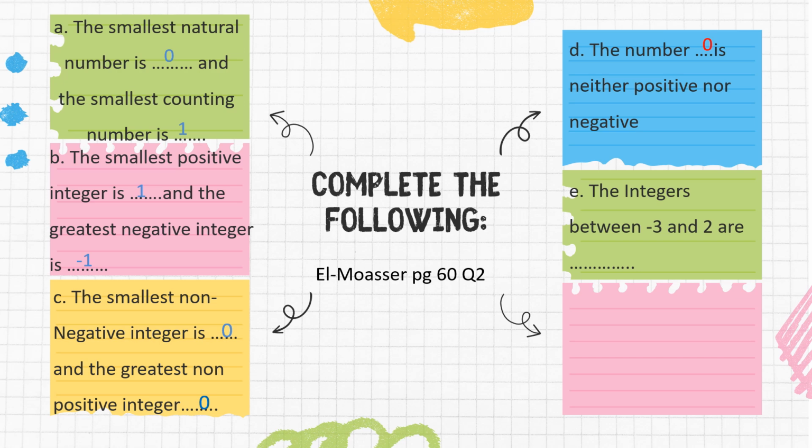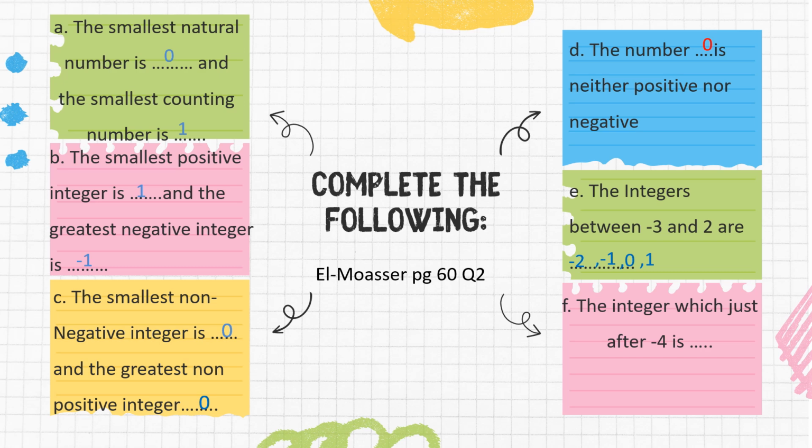The integers between minus 3 and 2 are, let's see, I will wait for you for a couple of seconds, then I will start answering with you. Excellent. Minus 2, minus 1, 0, don't forget 0, 1, and that's it. We will not include 2, it is out there.